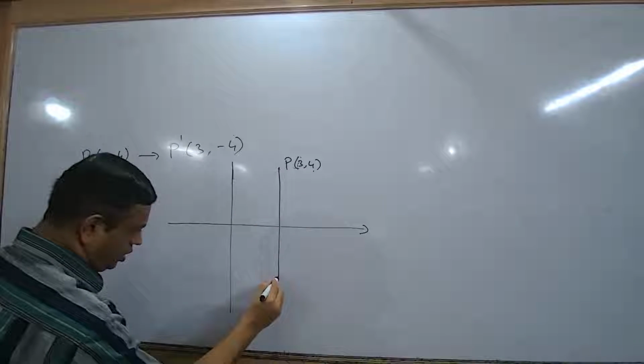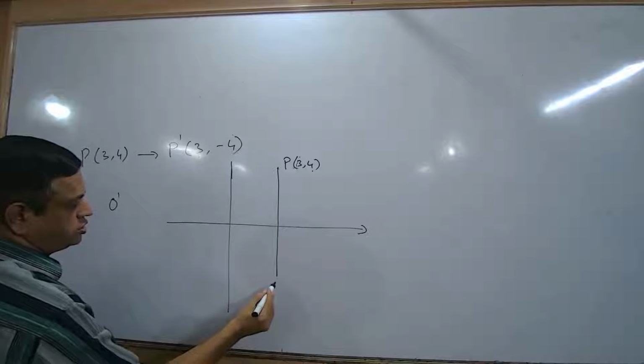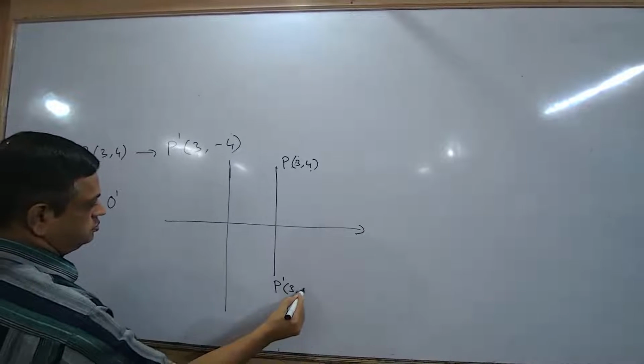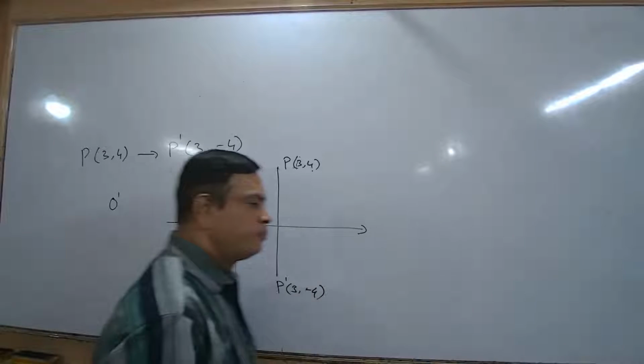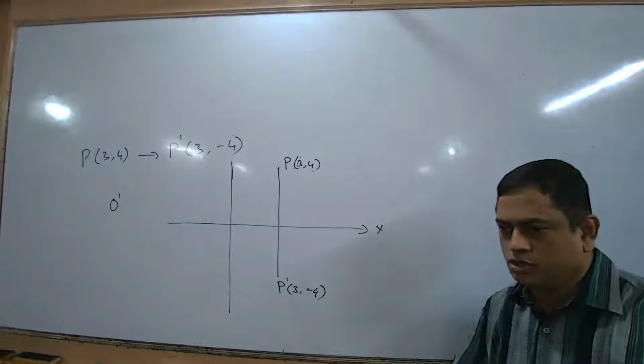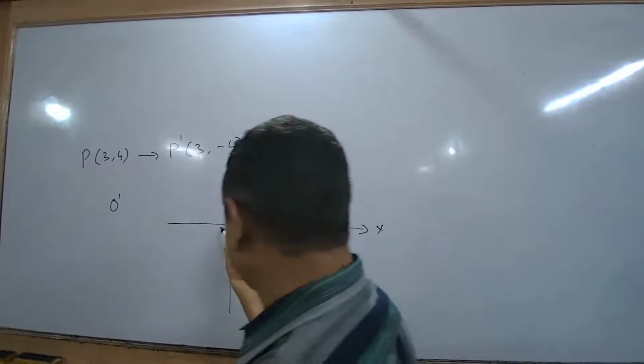All of you be quiet. This point coming here is P dash. P is reflected in the x-axis. Now you have to reflect O with this line.